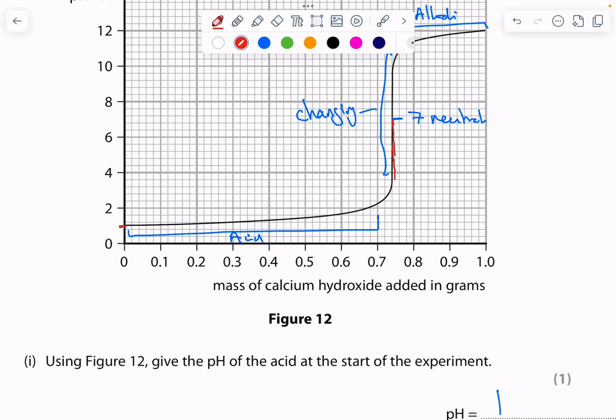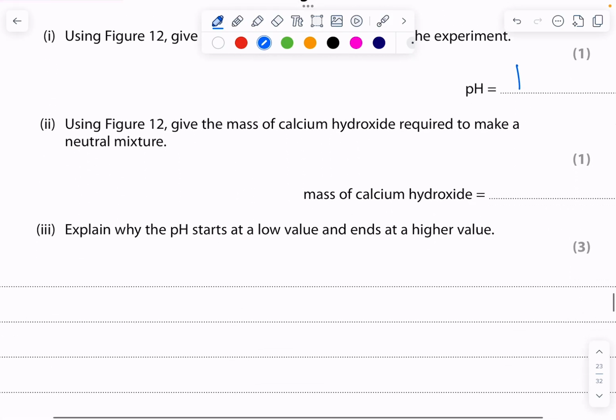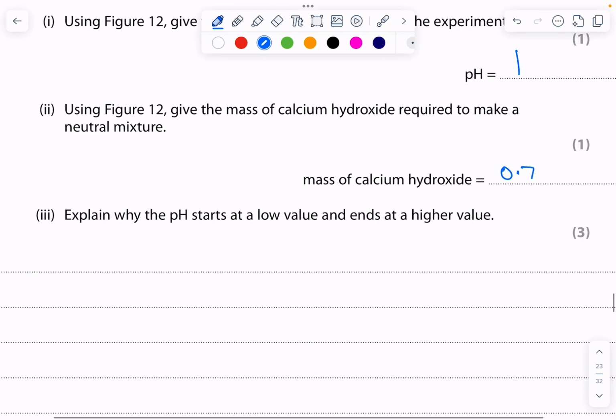So I'm going to come down from that point there, and that's the point just there. And I've gone through 2 squares, so each square is 0.2. So that is going to be 0.74 grams required.